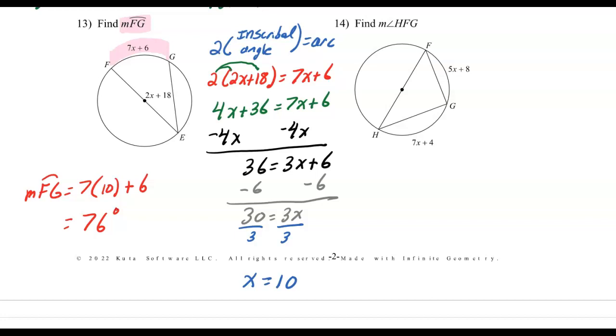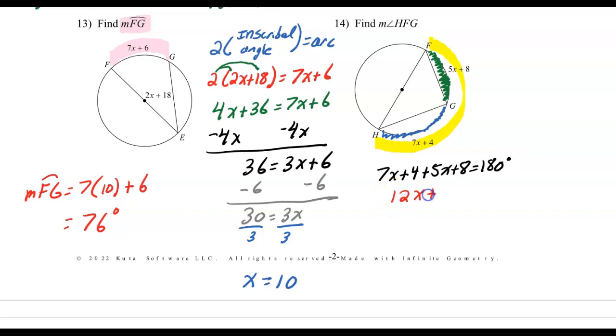Let's take a look at the last question. In the last question, we know the green arc is 5x plus 8. The blue arc is 7x plus 4. That is half of a circle. I'm going to highlight it. So the equation for this problem would be 7x plus 4 plus 5x plus 8 is 180.